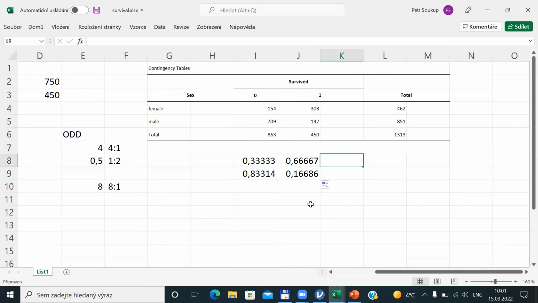And if you would like to compute odds, once again, it's very easy to perform such a procedure. So here we have the first odd 0.5, the same as the previous one. And for male, it is approximately nearly 5 in this case, not 4. And if I compute the odds ratio, what would be the odds ratio from 5 and 0.5?